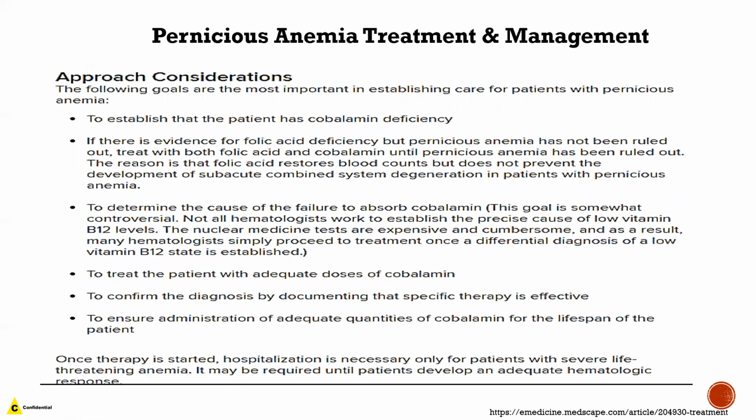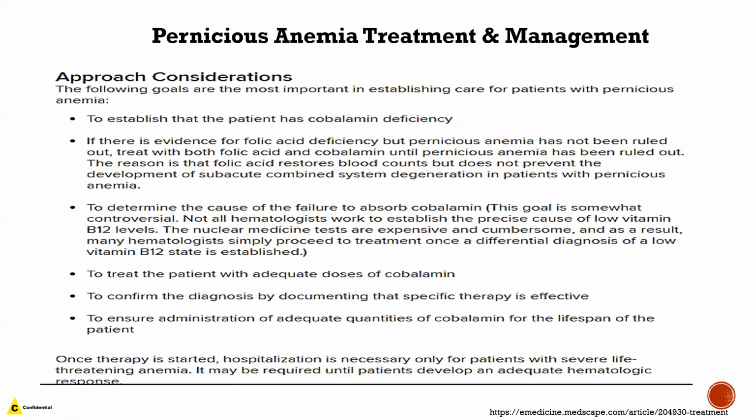The following goals are the most important in establishing care for patients with pernicious anemia. So they are to establish that the patient has cobalamin deficiency if there is no evidence of folate deficiency, but pernicious anemia has not been ruled out. Treat with folate and cobalamin until pernicious anemia has been ruled out.